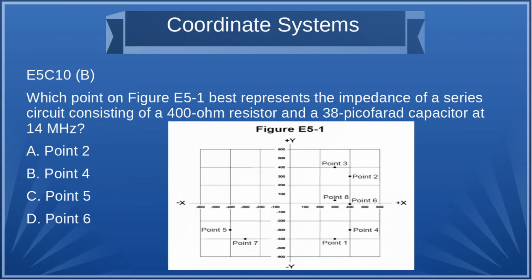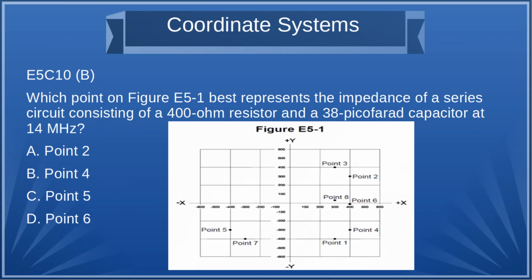Which point on this chart best represents the impedance of a series circuit consisting of a 400 ohm resistor and a 38 picofarad capacitor at 14 megahertz? So you need to figure out what the reactance is of that capacitor at 14 megahertz.